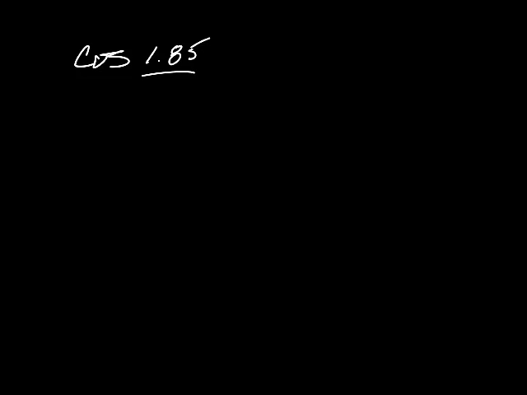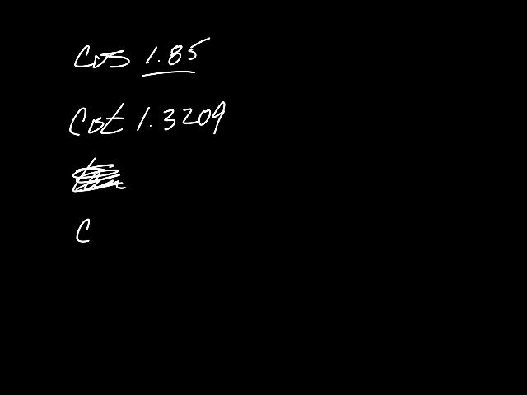The only difference, it would be like cotangent. I guess it's not really a difference. Cotangent of 1.3209. We can't do cotangent on our calculator, so we're going to say cotangent equals 1 over the tangent of 1.3209.